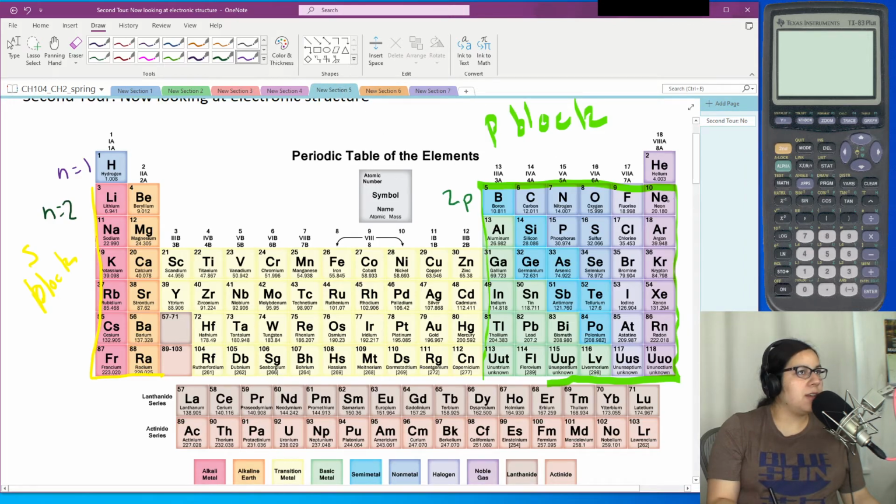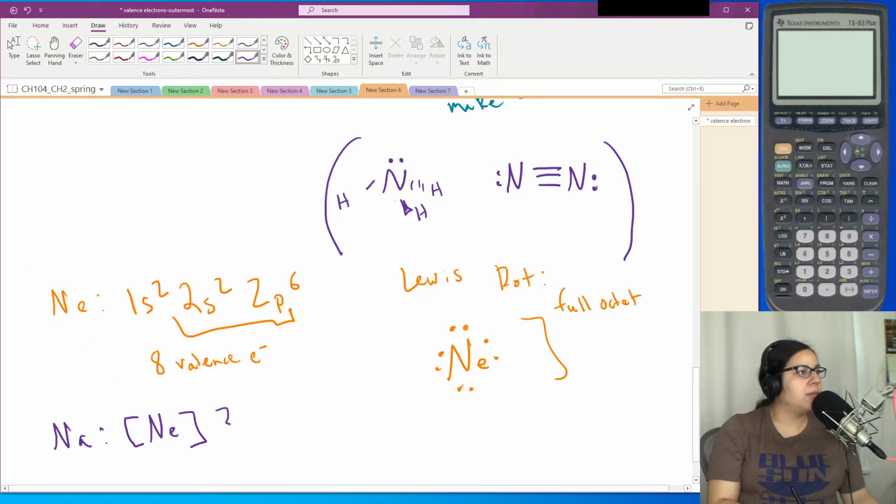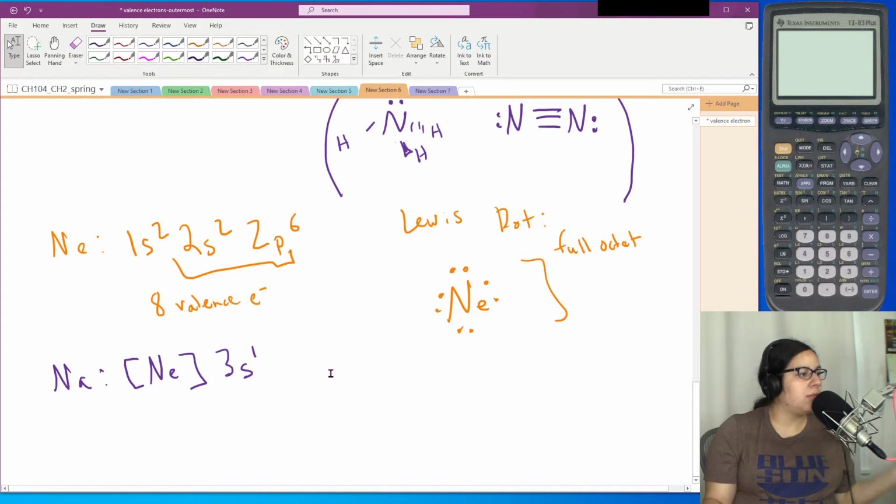And then starting at neon, so now this is our next shell, n equals 3. So this would be 3s1. And of course, just like we were expecting for our group 1 alkali metals, it has 1 valence electron.